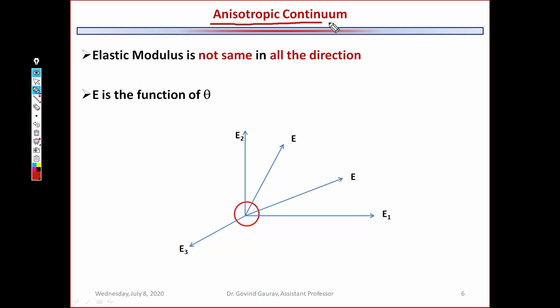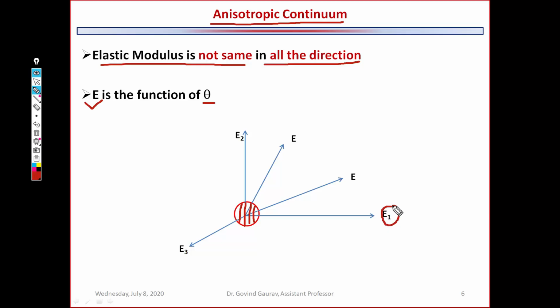Anisotropic continuum. An anisotropic continuum is a continuum in which the elastic modulus is not the same in all the directions. It will have different values in the different directions. So we can say the value of elastic modulus E is a function of theta. If we have a continuum like this, then the values of E in different directions will be different.